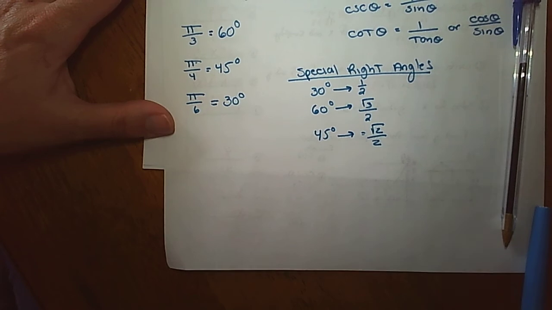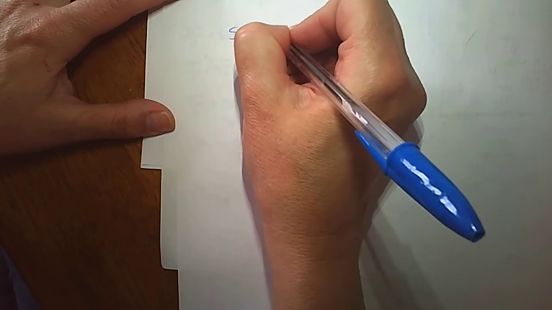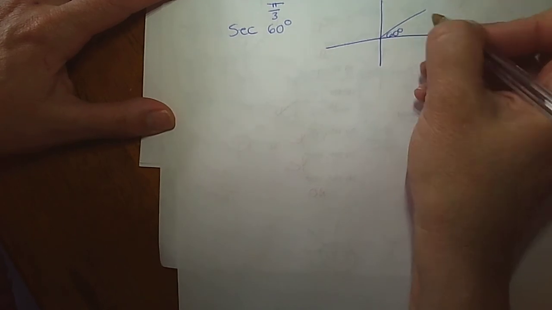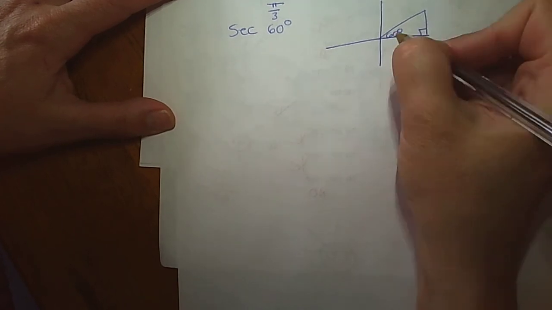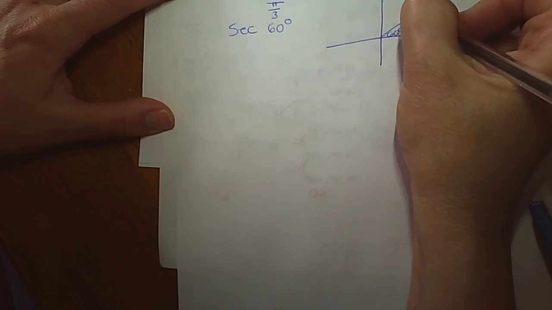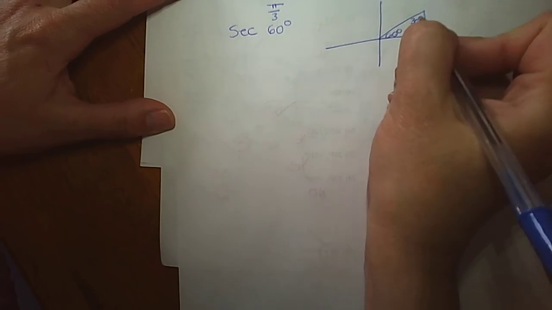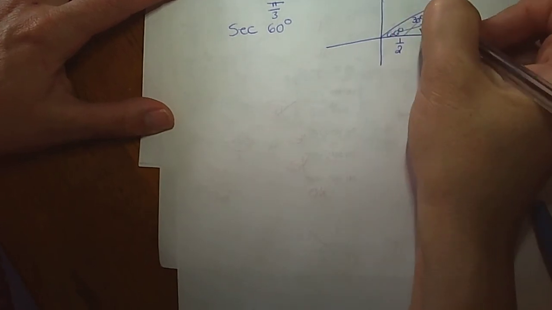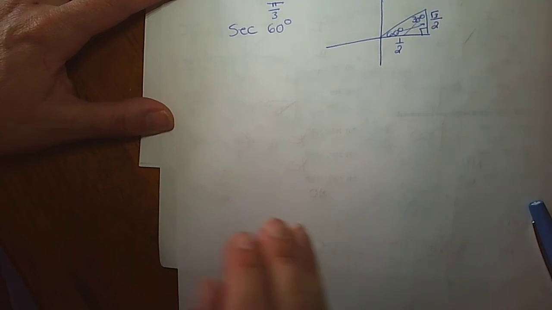So now, secant of 60 degrees, that's what pi over 3 is, right? Means I got to draw a 60-degree angle. Draw a triangle. That angle is 60. It means this angle is 30. The side across from 30 is a half. The side across from 60 is radical 3 over 2.